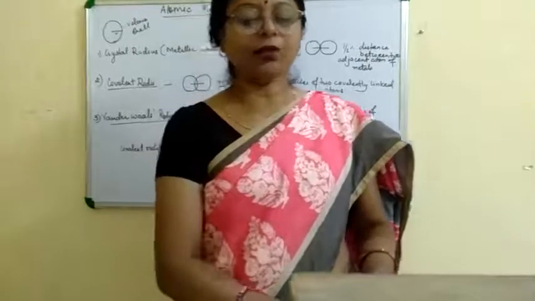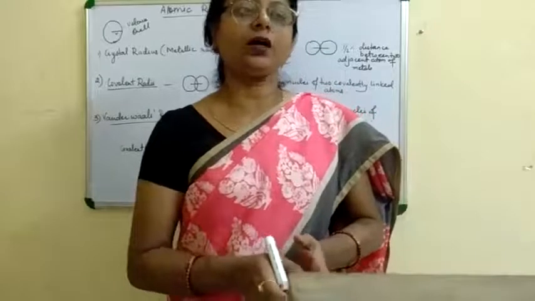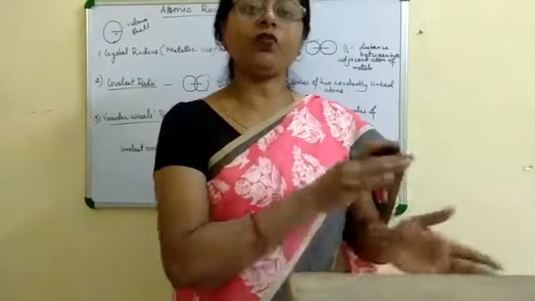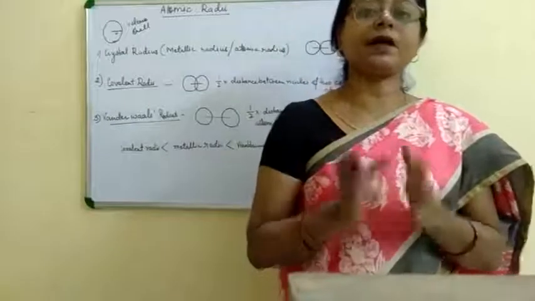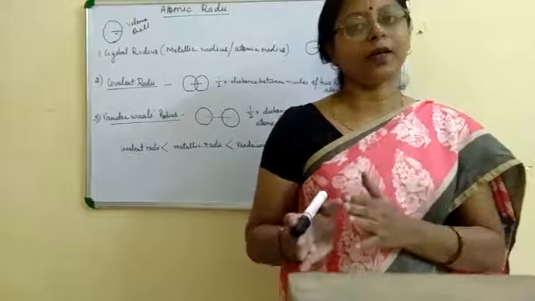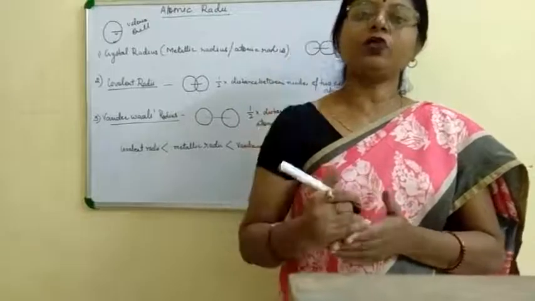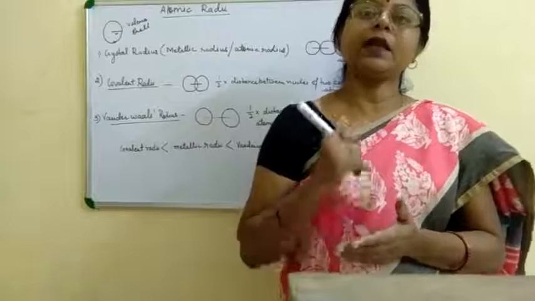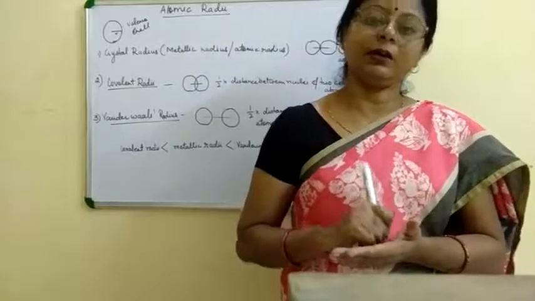So there is a regular trend in decrease and increase in the size of the atom as we move from left hand to right hand side in the periodic table. Atomic size decreases except for noble gases or group 18 elements. As we go down in a group, the atomic size increases because the number of shells increases.